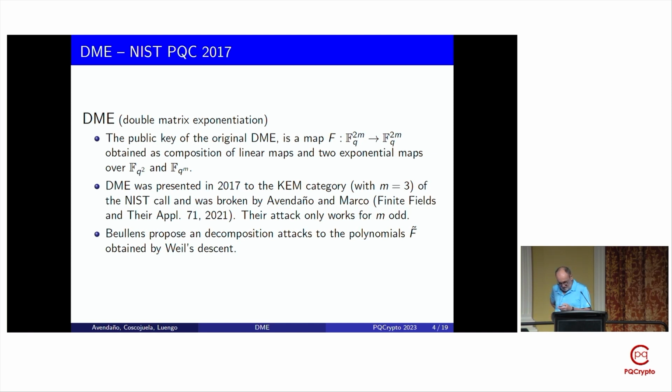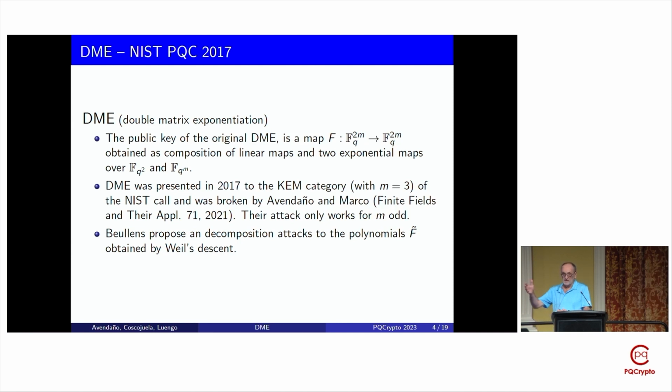It was presented, as I say, in 2017, and it was broken by my co-workers Avendaño and Marco in 2020. But this attack only worked in the case M odd.